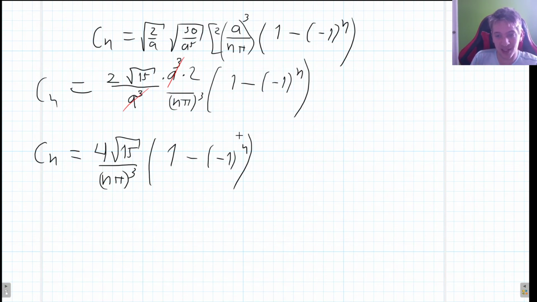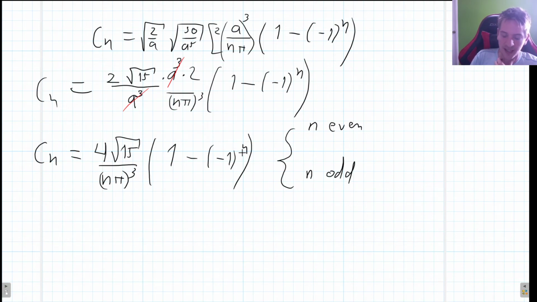It may not be the prettiest expression, but we can actually get something much better if we see what happens if n is even and if n is odd, because what n is basically doing here is telling you whether this is going to be minus 1 or 1. So let us see what happens for even values of n.